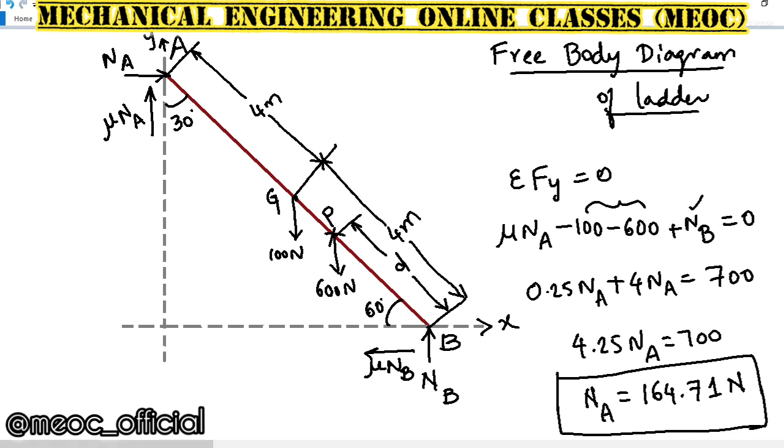For equilibrium to exist, we have already seen that the sum of all forces should be 0, and not just that, the sum of all moments of any force or all the forces should also be 0. Sigma F equal to 0, sigma M equal to 0. These two put together will guarantee static equilibrium.